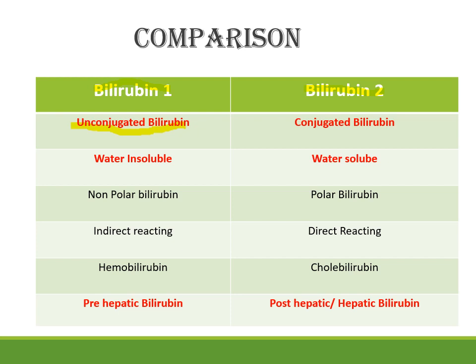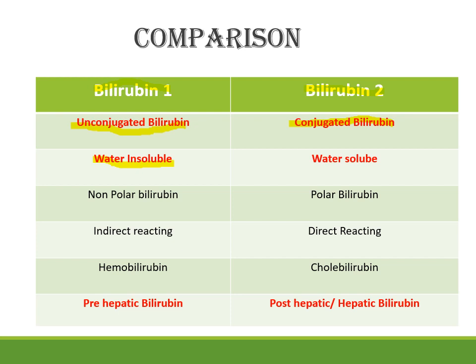On the other hand, your bilirubin 2 is the conjugated one because it is attached or bound to your glucuronic acid. Aside from that, bilirubin 1 is classified as water insoluble bilirubin. That is why we don't find traces of bilirubin 1 in the urine. On the other hand, bilirubin 2 is water soluble.